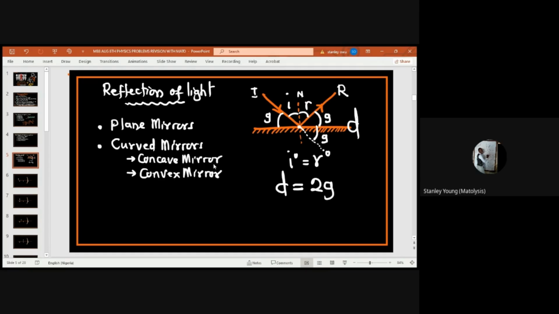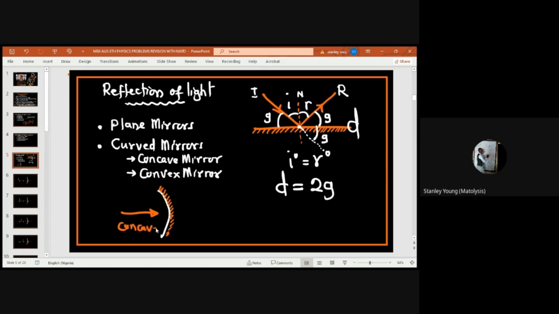So here we have the concave mirror and the convex mirror. A concave mirror is just what? A curved surface. Generally, a curved mirror is a curved surface that is coated at one end. So if we have a curved surface and it is coated at the outer part of the curve, this makes what we call a concave mirror.